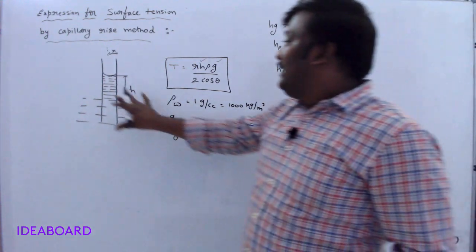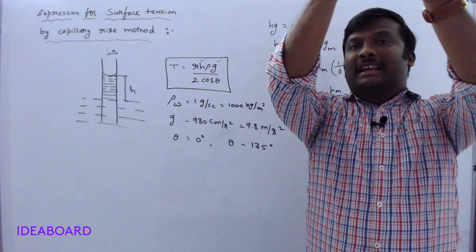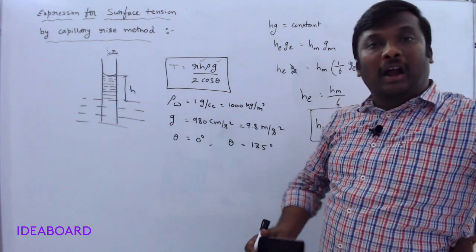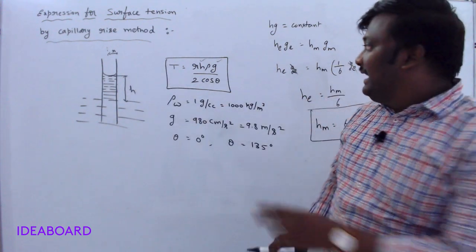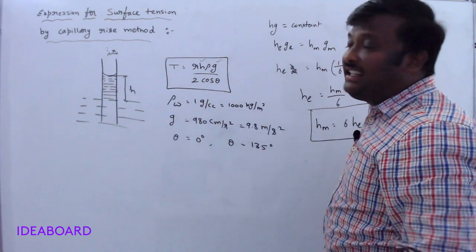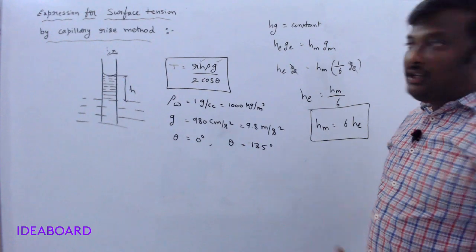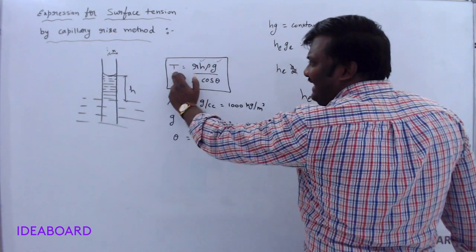Now initially if I take a capillary tube of radius R, and now the capillary tube's radius decreases to R by 2, then what happens to the height of the liquid column? Then only h and r change, all remaining are constant, then h1 r1 is equal to h2 r2. Okay, so look at each and every word properly here. What is T?